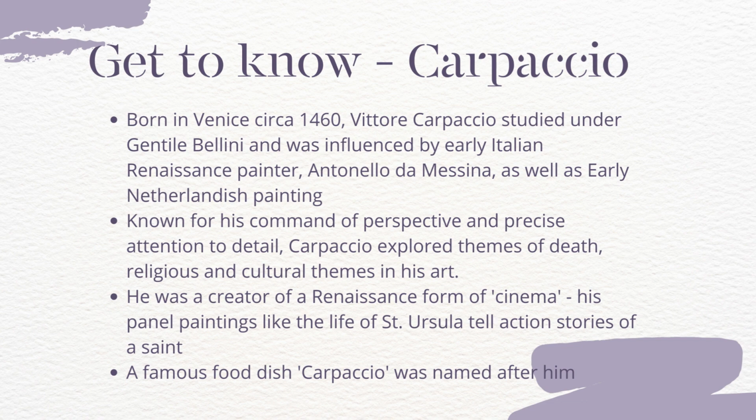This art museum was doing this Carpaccio exhibit, and to celebrate, they created a Carpaccio menu. And the chef came up with a new dish. It was thinly sliced raw beef, and he named it after the painter because the steak was inspired by the artist's vivid red colors.